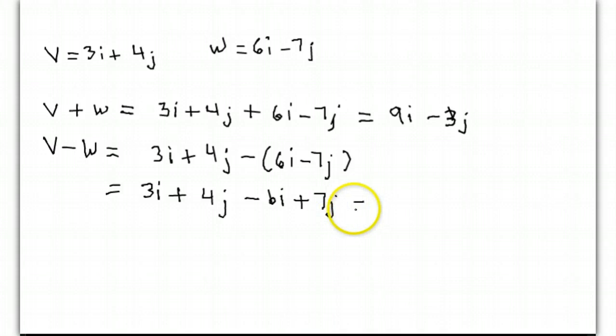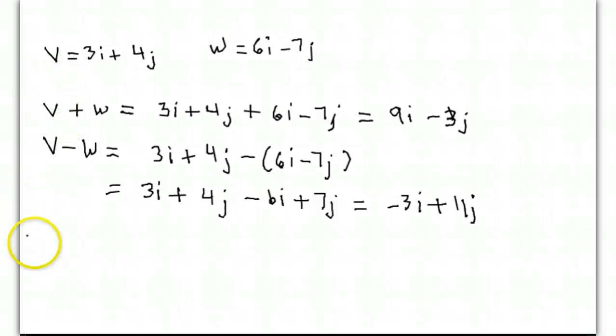So when we add our like terms up, we got a 3i minus 6i, that's going to give us a negative 3i. And then we have a 4j plus 7j, which is going to give us a positive 11j. So the vector v minus w comes out to negative 3i plus 11j.